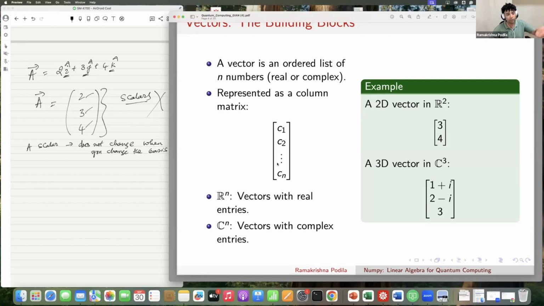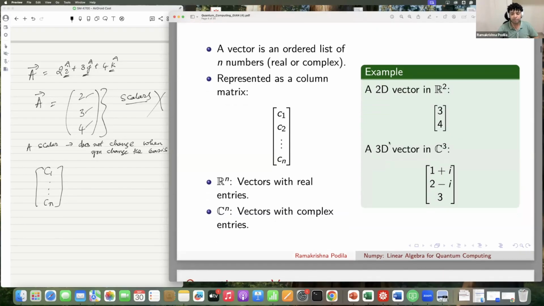So while these numbers look like numbers, they're not to be confused with scalars. In general, for a given basis, we can represent a vector as a column matrix. But when we represent it as C1 to Cn, that means there is a basis associated with it, and these are the coefficients related to that basis.